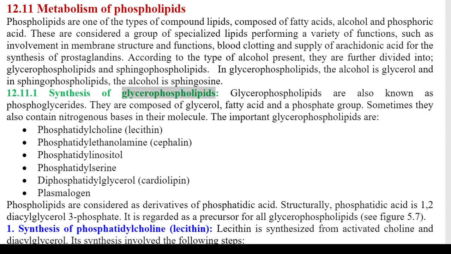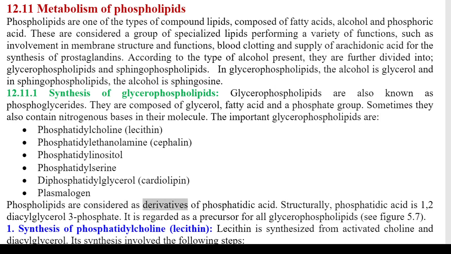12.11.1 Synthesis of glycerophospholipids. Glycerophospholipids are also known as phosphoglycerides. They are composed of glycerol, fatty acid, and a phosphate group. Sometimes they also contain nitrogenous bases in their molecule. The important glycerophospholipids are phosphatidylcholine, lecithin; phosphatidylethanolamine, cephalin; phosphatidylinositol; phosphatidylserine; diphosphatidylglycerol, cardiolipin; plasmalogen.